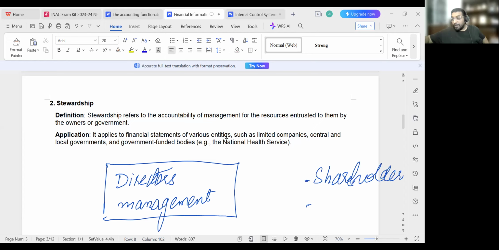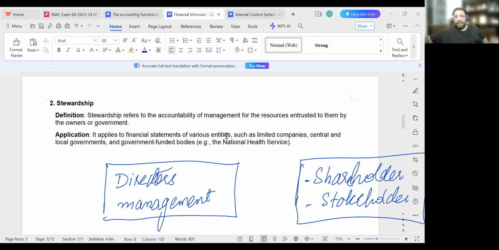And you have other stakeholders as well who are interested in the affairs of the company. For example, government, employees, the tax authorities, obviously, suppliers, and customers are sometimes also interested. So stewardship refers to the accountability of management for the resources entrusted to them by the owners or government.